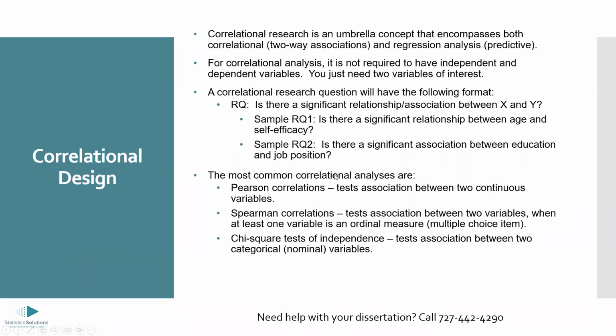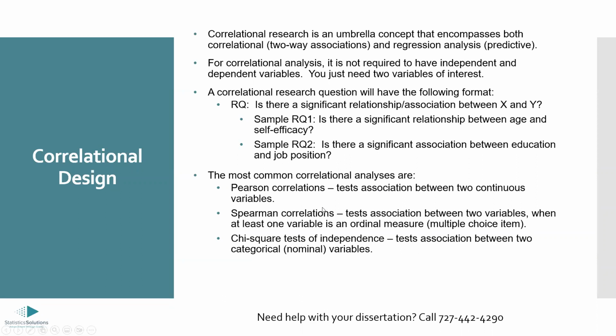So the specific analysis approach that you would use for this depends on how your variables are coded. If you have continuous variables, if age was a fill-in-the-blank response and self-efficacy is a composite score from a survey, then you would do a Pearson correlation. So you need to have two continuous variables to run a Pearson correlation.